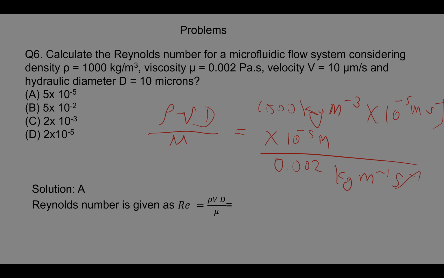So second inverse will cancel out, meter to meter cube cancel out. So whatever it is coming, we'll see. So it is around 10 to the power minus 5 times, so 10 to the power minus 7. So see this one, 10 to the power minus 7 divided by 2 into 10 to the power minus 3.